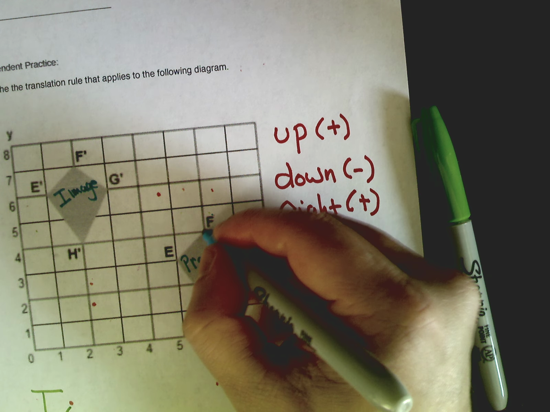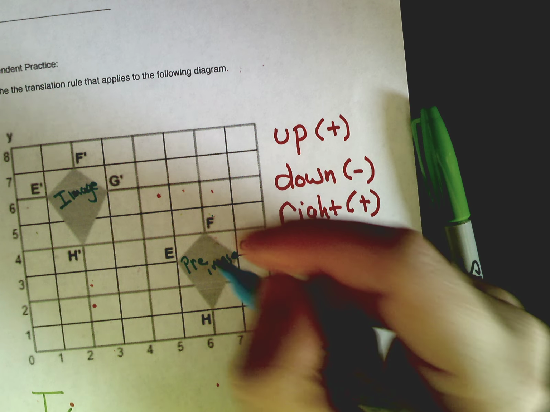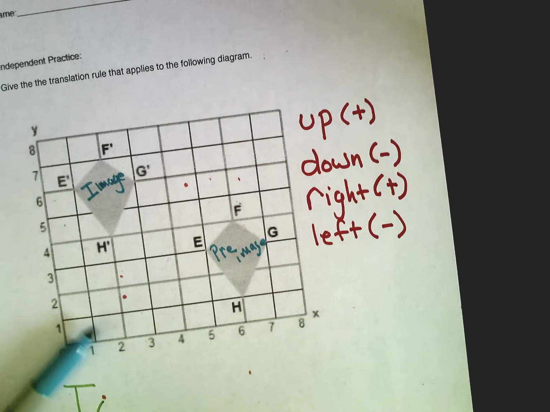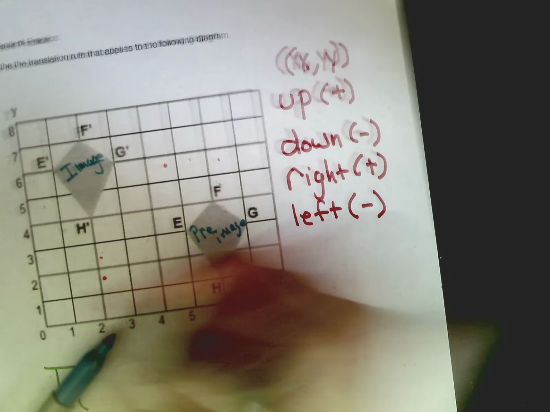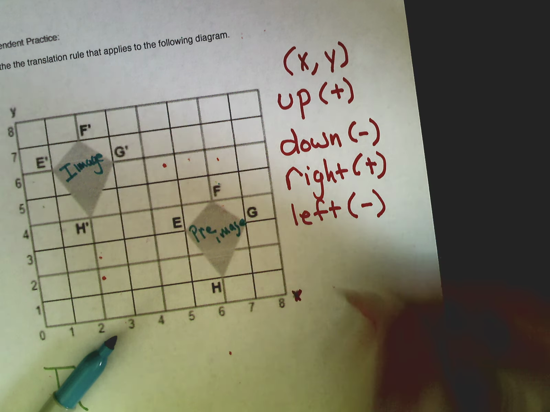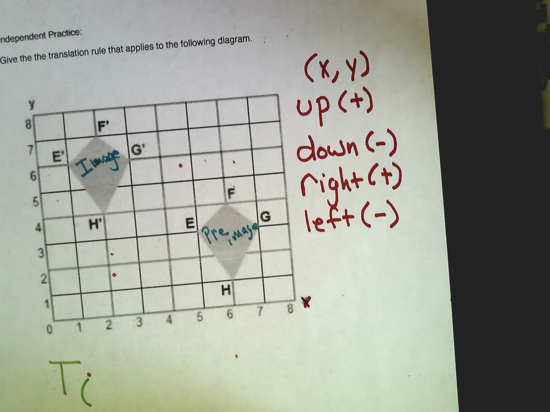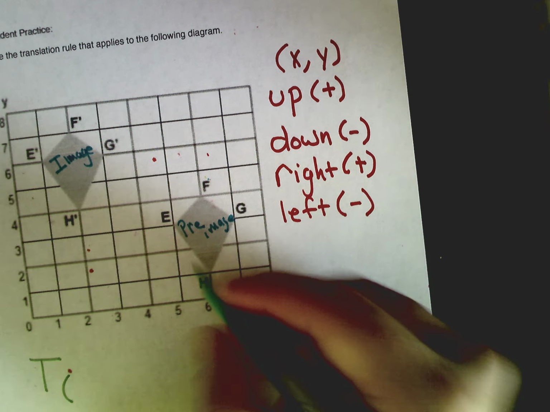So, how many do I have to go up? How many do I go left or right? Okay, so, well, since we always write all our coordinates in x, comma, y, let's do the x first. Because x is left to right. You see down here we got a little x. Left to right. Okay, so I'll start with green. So since we're going left to right, I'm going to use H. I'm going to change it up and I'm going to use H because that's on the bottom there.